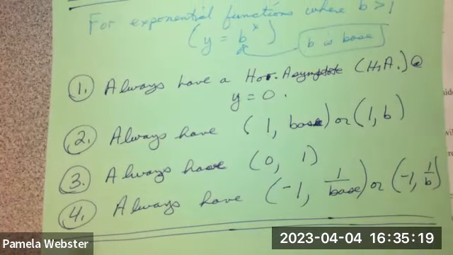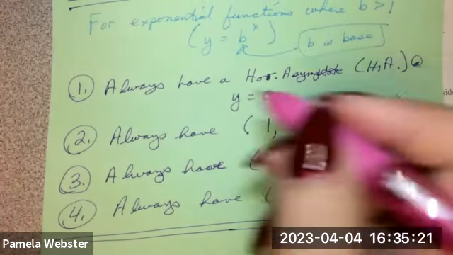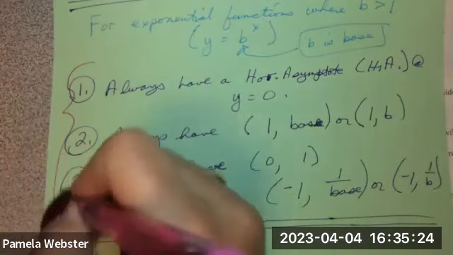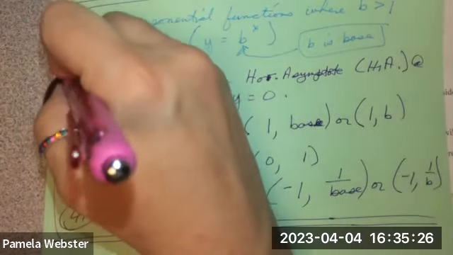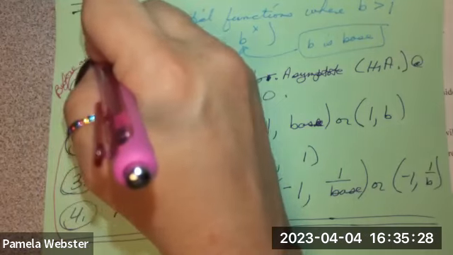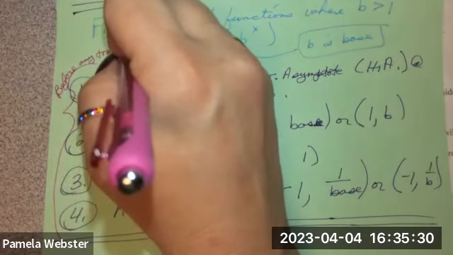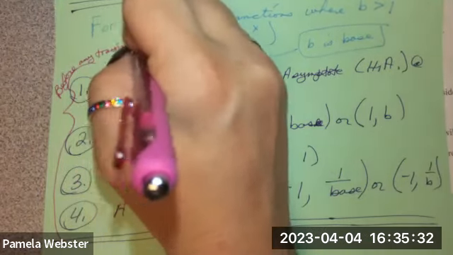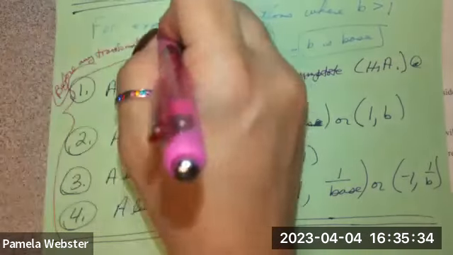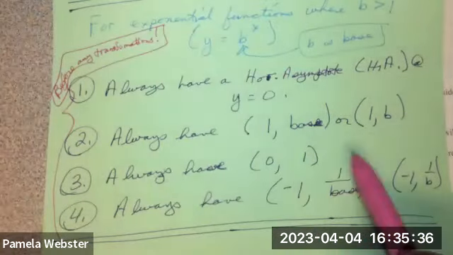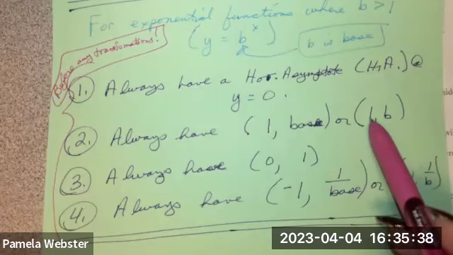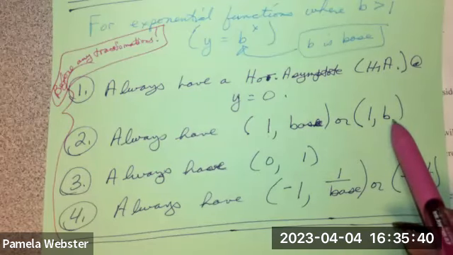Write yourself a little note if you need to, for whatever this is before any transformations. Of course, if I shift the whole entire graph up 5, it's not going to be 1, b anymore. It's going to be 1, b plus 5.